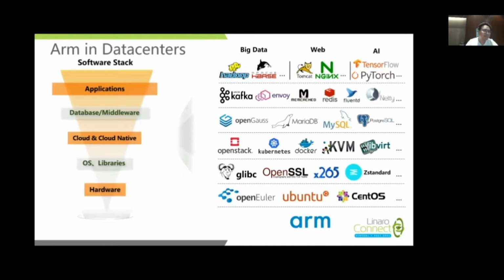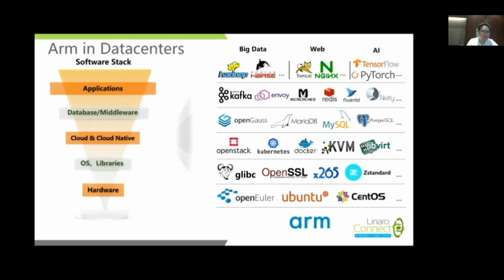In the cloud era, cloud and cloud-native infrastructure is certainly mandatory to make management easier, and then there is the middleware, the database, and the user application software like big data, web, and artificial intelligence. Even a small and very basic library can make a lot of difference for the user. Here I have a very interesting story.